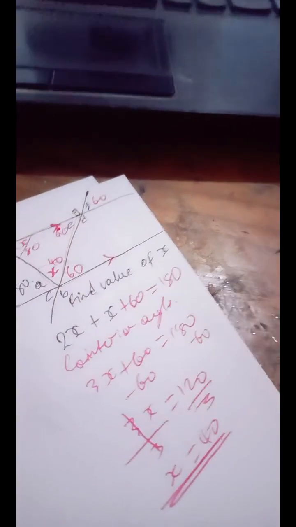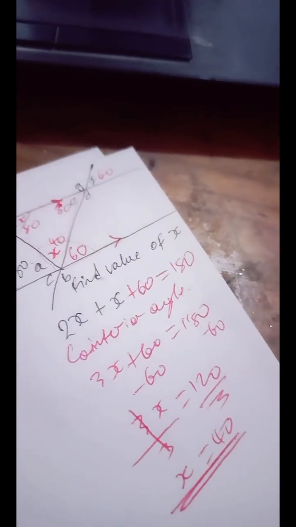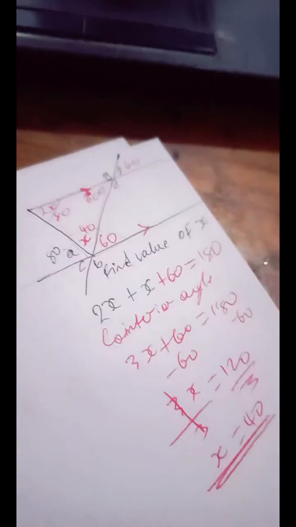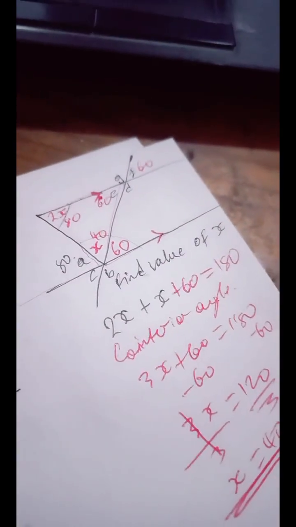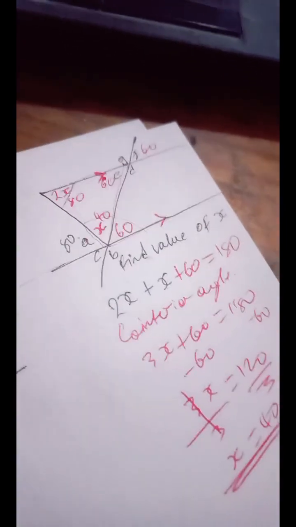A is equal to what? 80. Yes, A is 80, angles on a straight line. That is true. Perfect. Another angle. G is equal to 120. What is the reason? We want the reason, please.